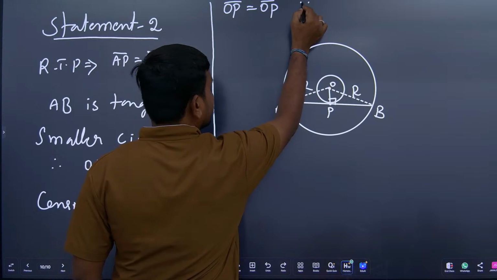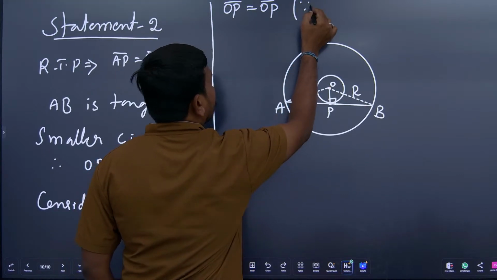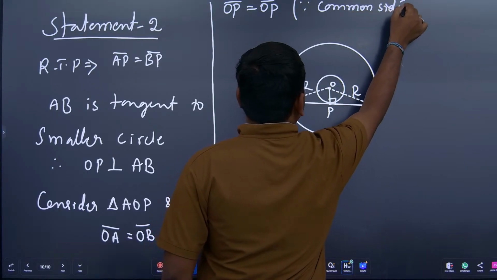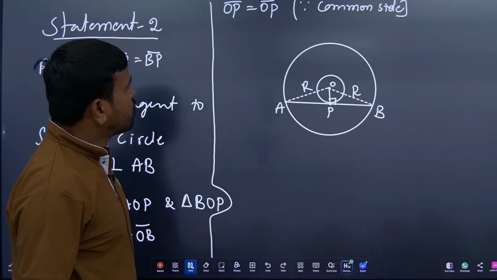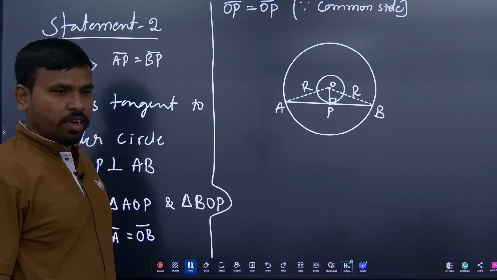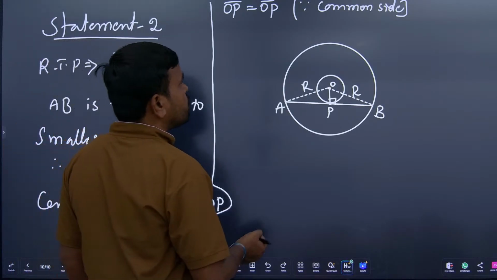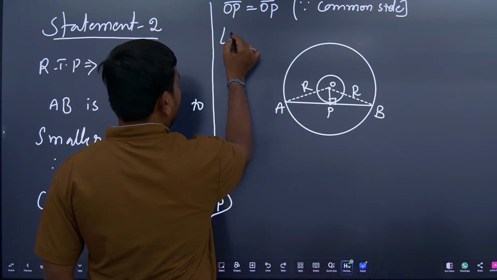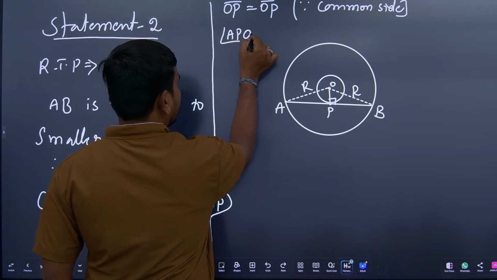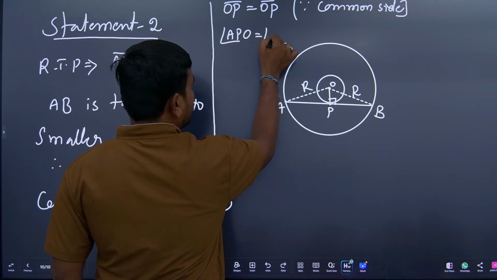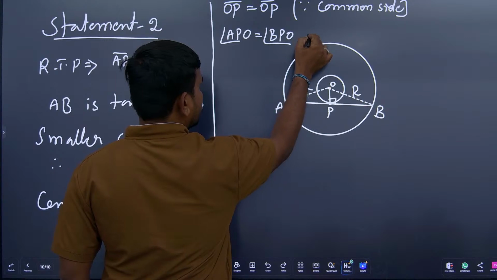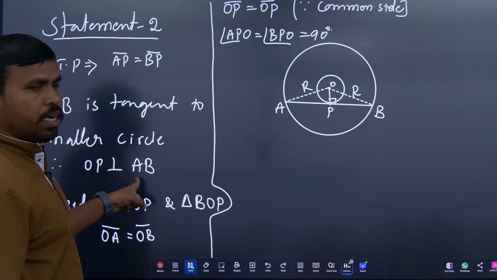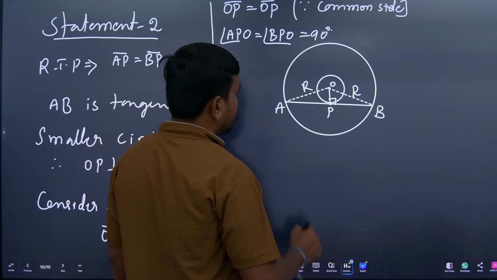Since what is this? Common side. Common is only one side, not sides. Okay, and angle APO or OPA is equal to angle BPO, since that is equal to 90 degrees, since OP is perpendicular to AB. Okay.